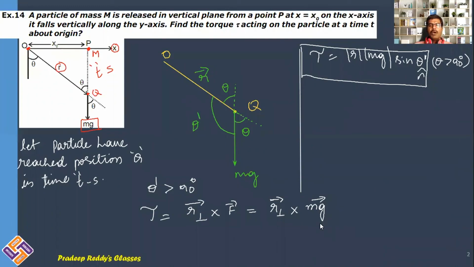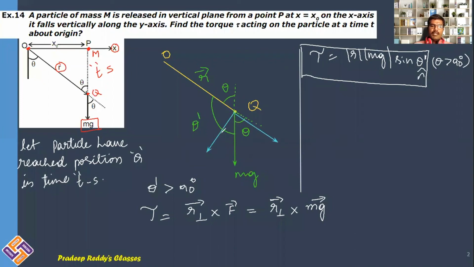The other way is, since the angle theta is already mentioned, I resolve this vector into components. I resolve mg into one component perpendicular to R bar and the other in this direction.